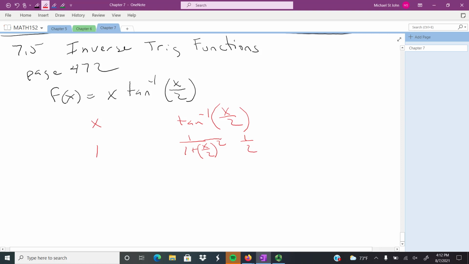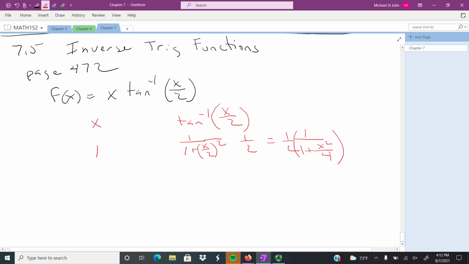Okay. And this will simplify to 1 over 1 plus x squared over 4, and the 1/2. Okay. When I do this out. Okay.